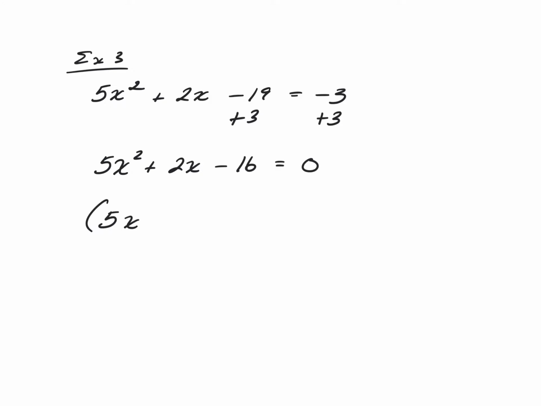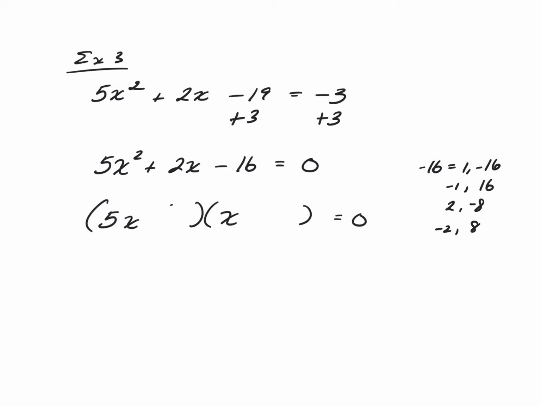Because it's prime, I know it has to be a 5x and an x, equals 0. So now I'm going to look at factors of 16 that are going to enable me to make a positive 2. So negative 16: 1, negative 16, negative 1, 16, 2 and negative 8, negative 2 and 8.